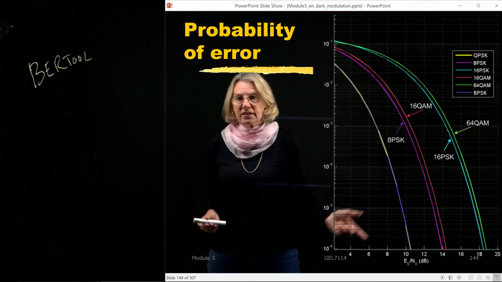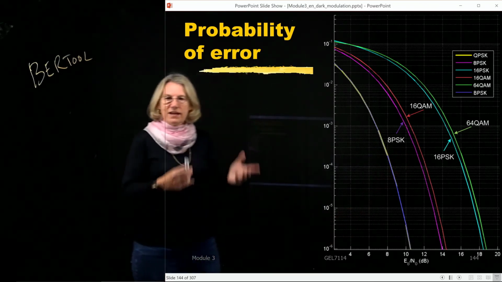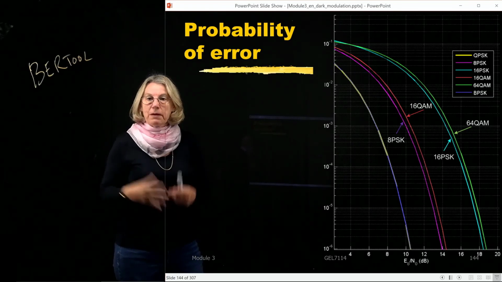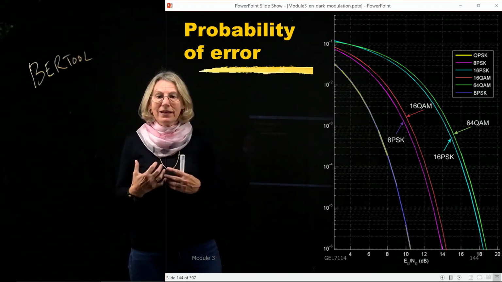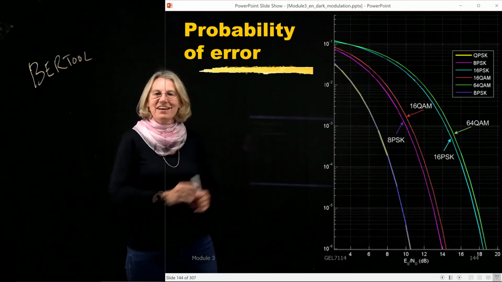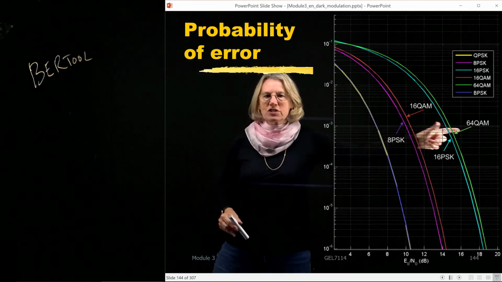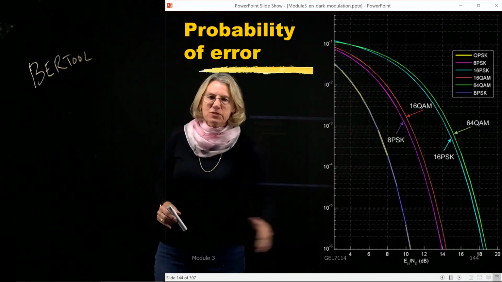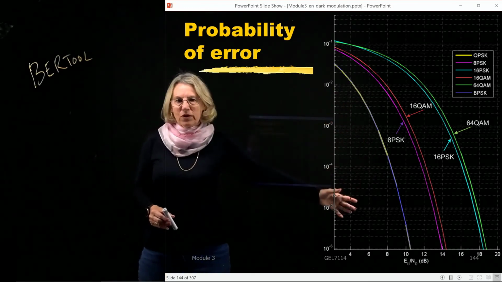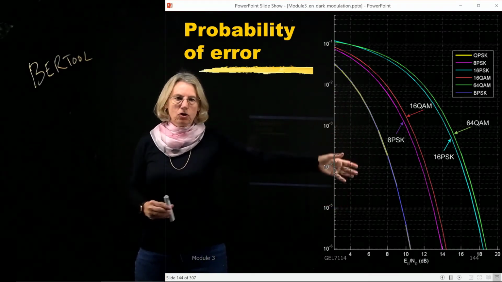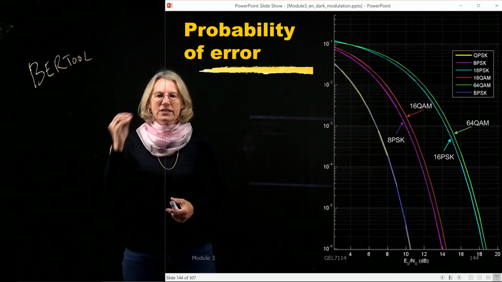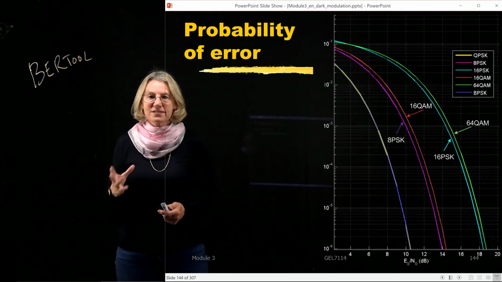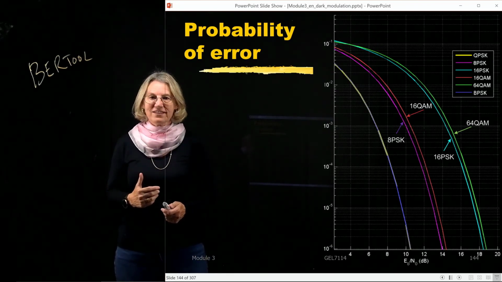My point is that this loss compared to QPSK is a little bit like looking at these plots and saying how much worse, how much farther over are these plots. So if I can easily plot them, I'll look at it this way. But the quantification of the loss compared to QPSK is another way of presenting the same information.